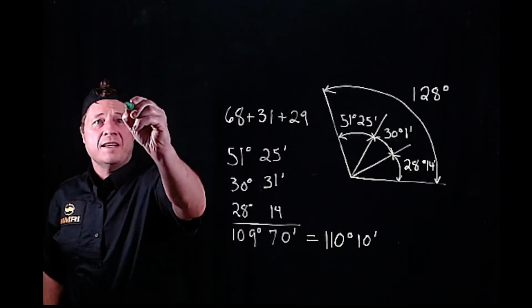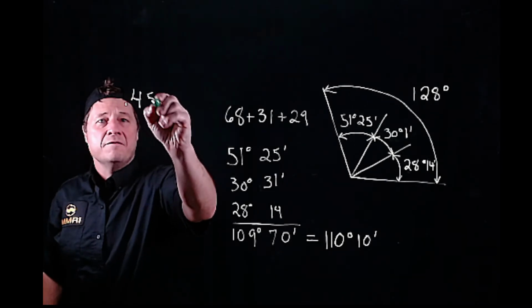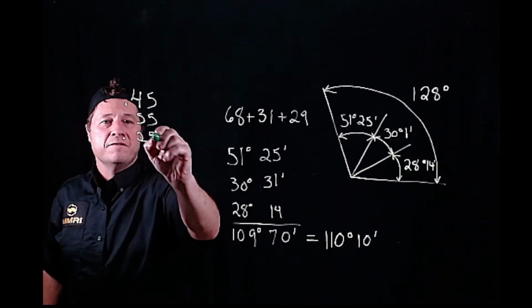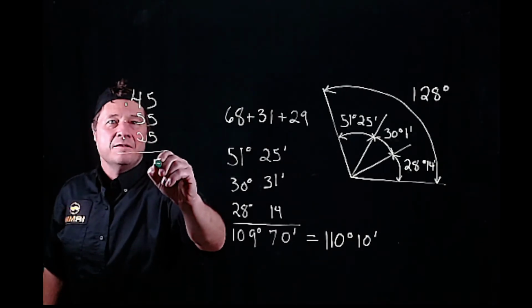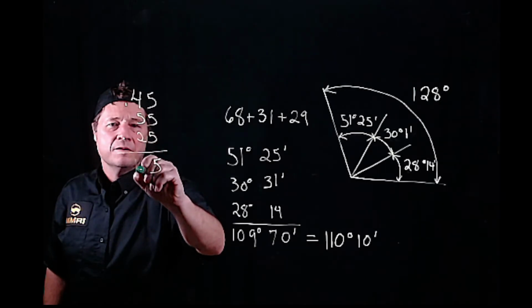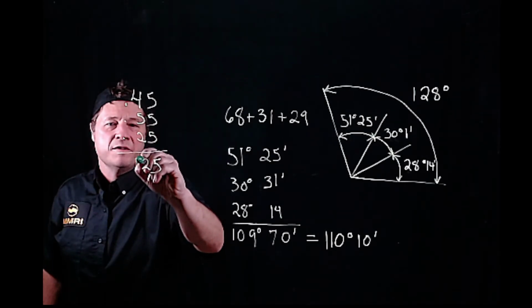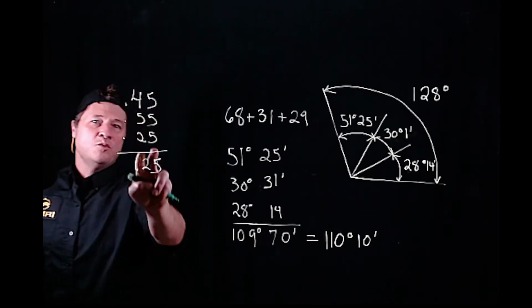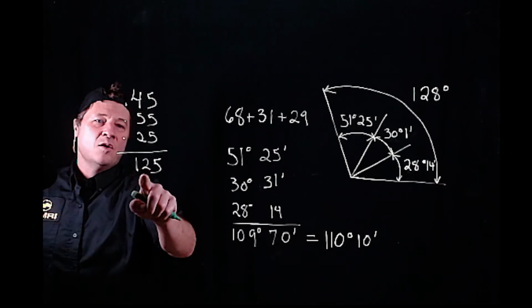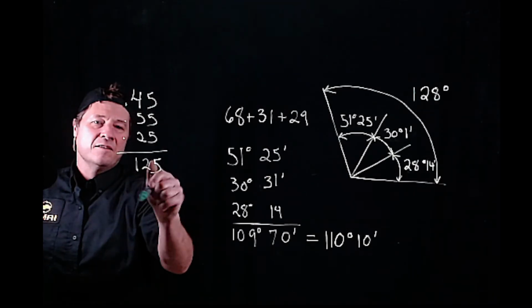It's just like when we're adding, if we add 0.45 and 0.55 and 0.25, right? I get 125, but I only have 2 decimal places available for me here. So anything over 0.99 here becomes a 1.